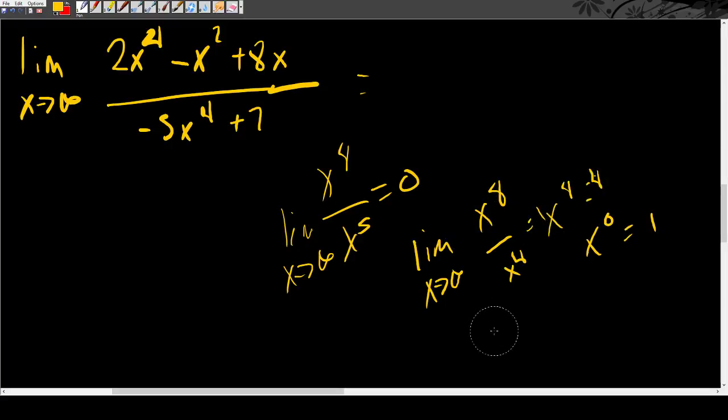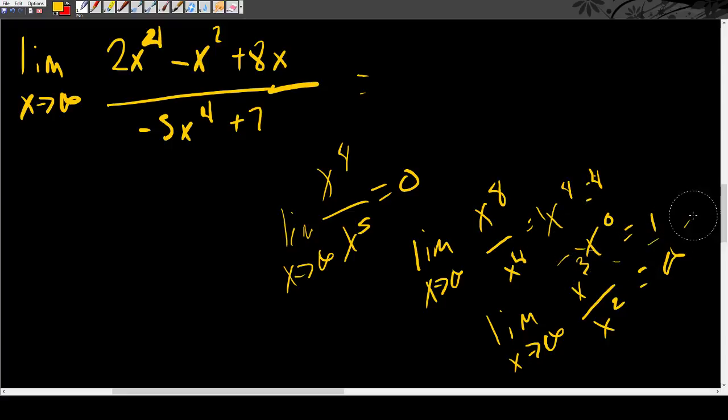Say that I have the limit as x approaches infinity of x to the third over x squared. You do 3 minus 2, which is just x, and the limit as x approaches infinity of x is just infinity. So this is just infinity.